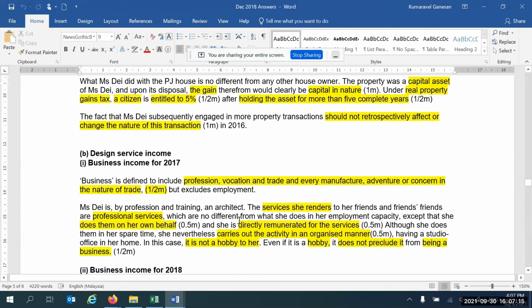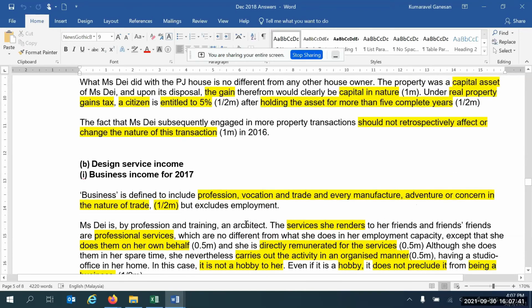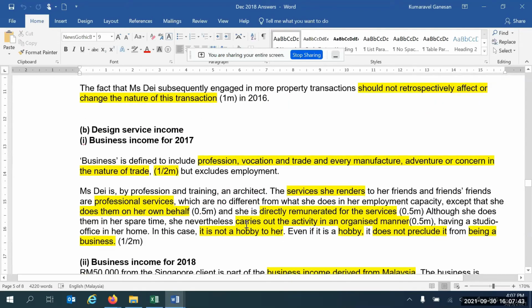Now, for 3 marks, they have included half a mark for the definition of business. That's why I told you when I taught you, you need to remember, you see, half a mark there. Now the second paragraph is telling you, it's a bit challenging to write, especially in exam time.